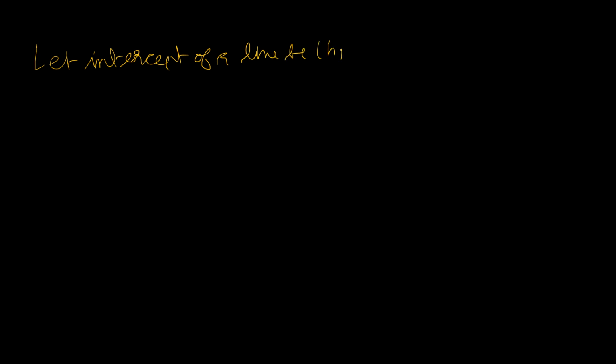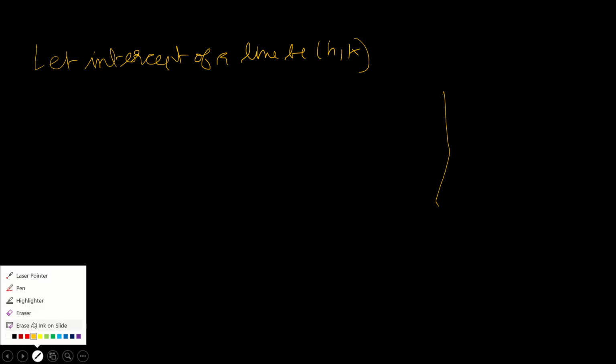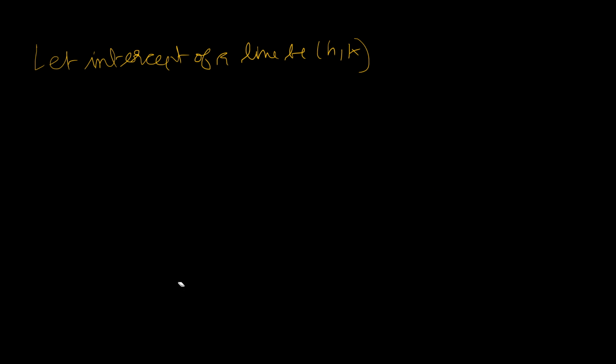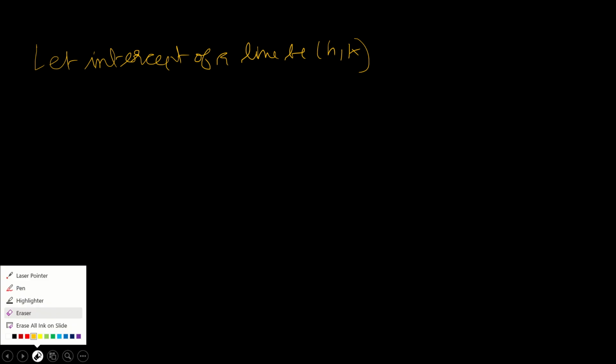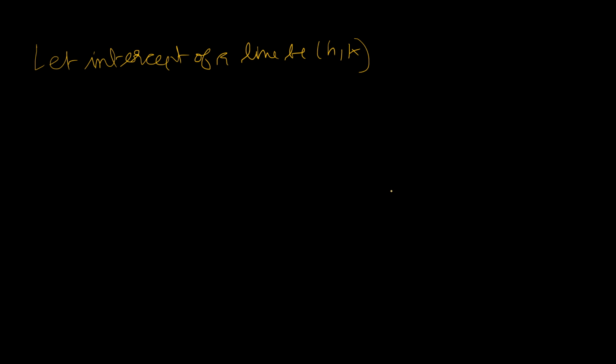be h comma k, which means that when we draw this figure, sorry for that, let me just erase it. Okay, we're drawing the intercepts.